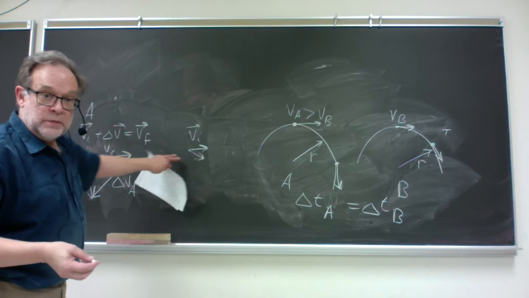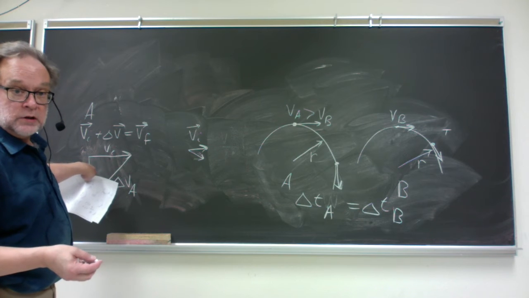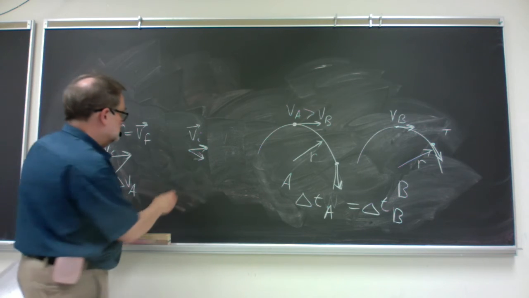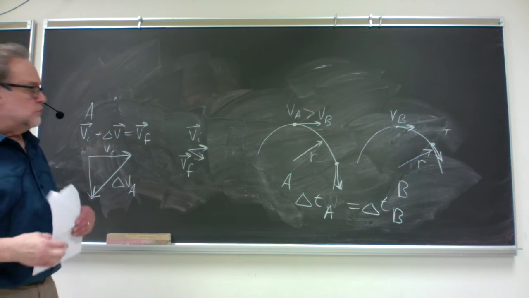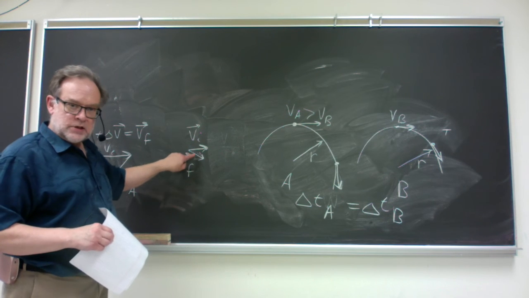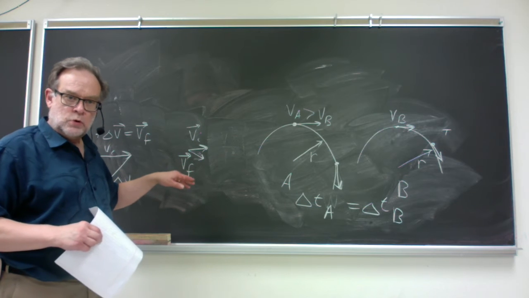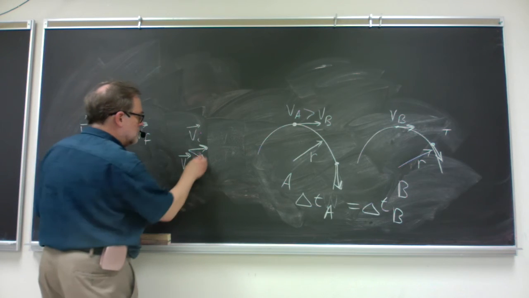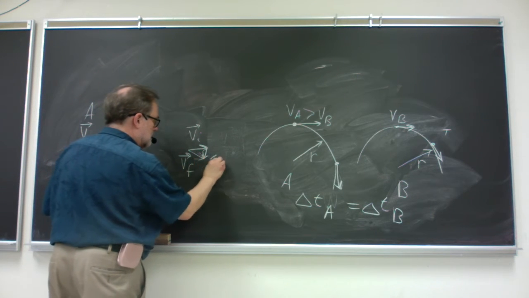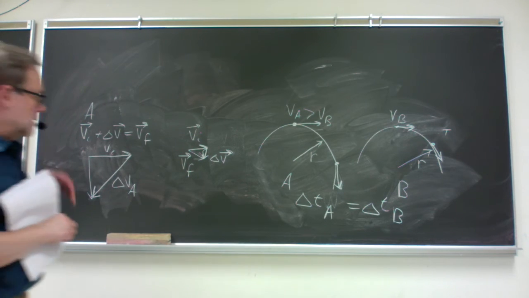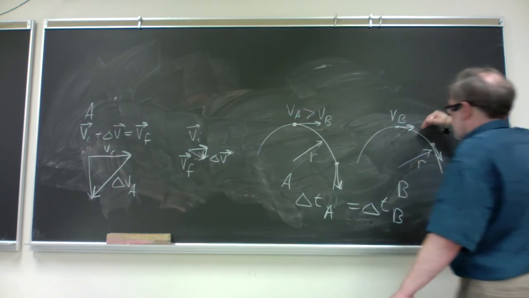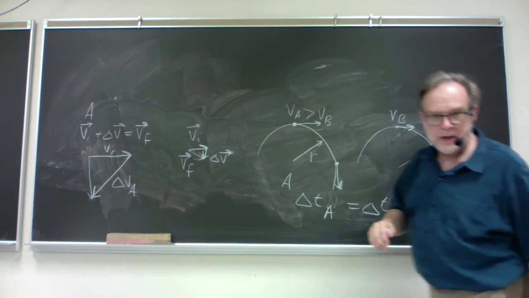Again, a shorter arrow because it's moving at a lower speed than A. So, what kind of velocity did I have to add to this in order to get this? What was the delta V for this case? And it's going to be something like that. Again, pointing in towards the center of the circular path.